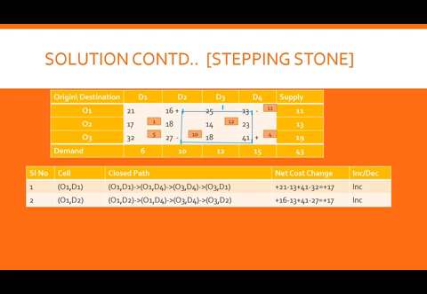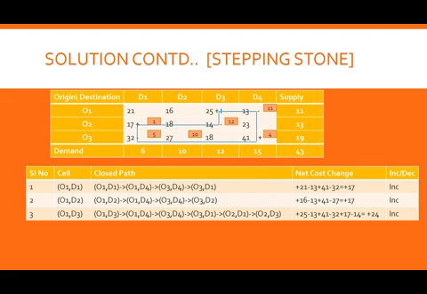Next, identify the next unoccupied cell, O1D3, as the reference. For this, I am supposed to find the closed loop: O1D3, O1D4, O3D4. From there, I come to O3D1, O2D1, O2D3, and back to the original position.